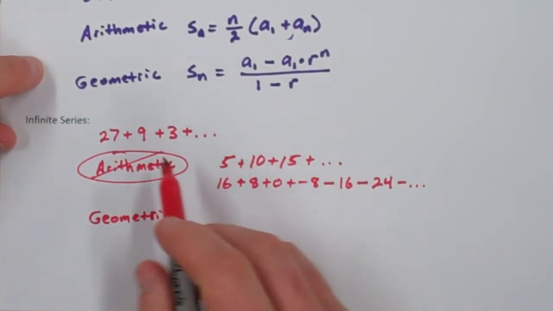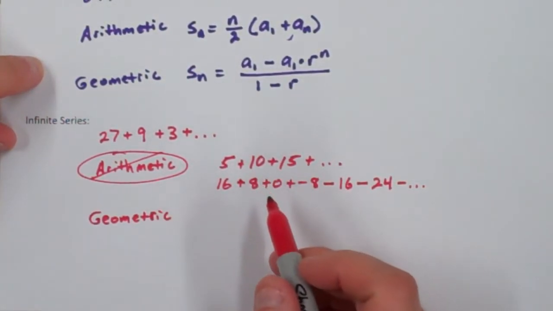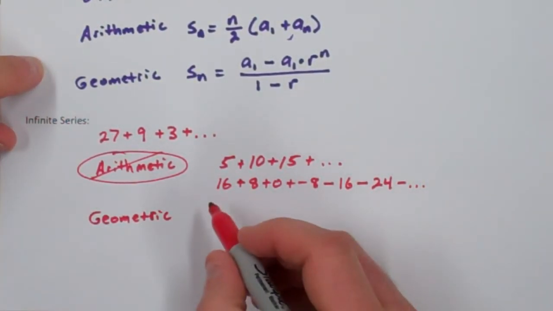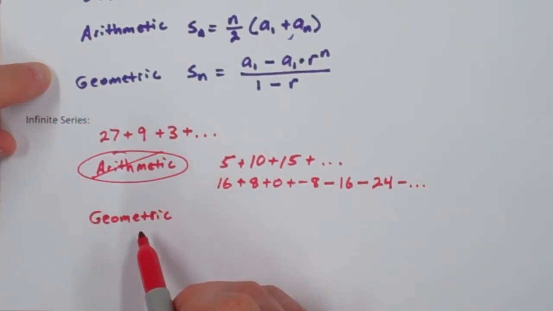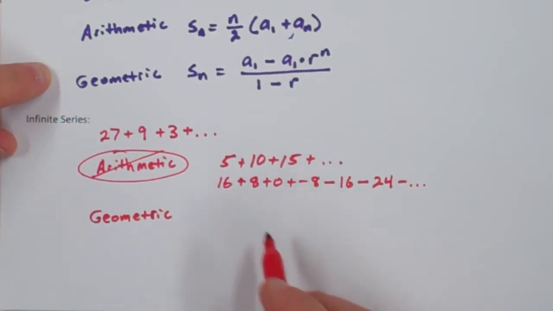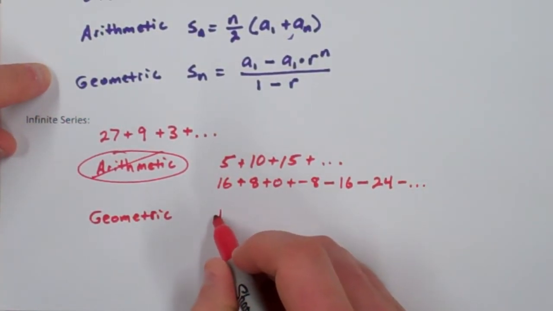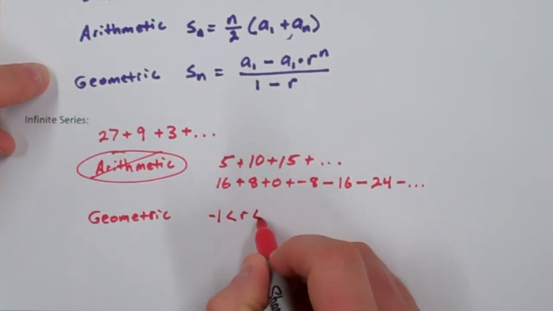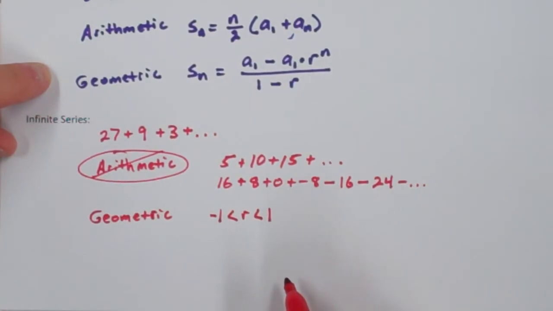We want to look at r. In this case, r was 1/3, and r needs to be in between -1 and 1. So we could say that the sum of an infinite sequence, which is an infinite series for geometric, will only exist when r is in between -1 and 1. Let me give you an example of a geometric that doesn't work.